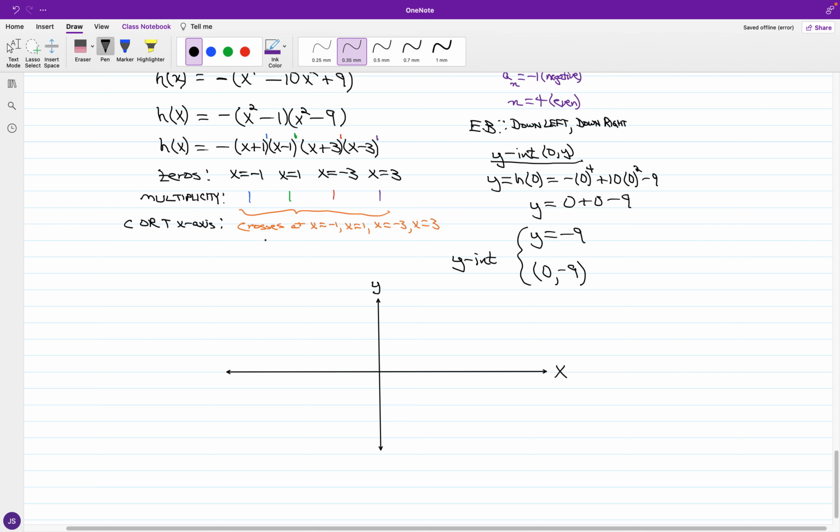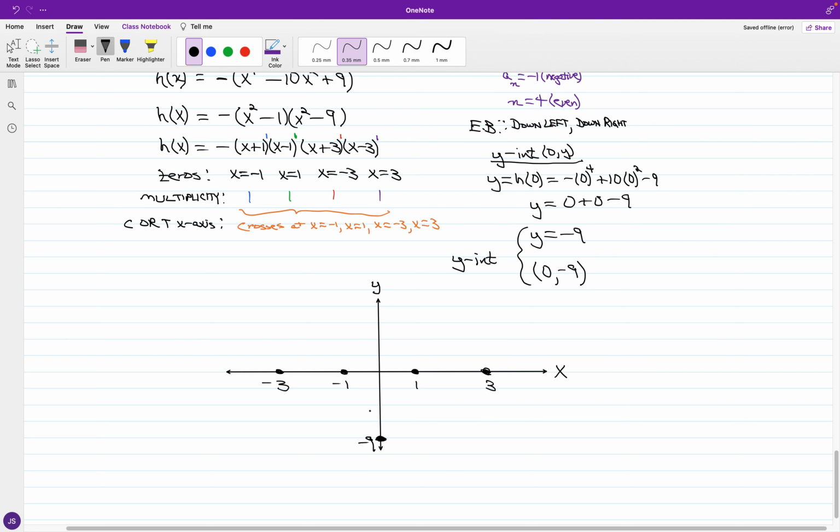So with our zeros, you have x at negative 1, x at positive 1, also we have x at negative 3, and x at positive 3, and for the y-intercept, you have y at negative 9.